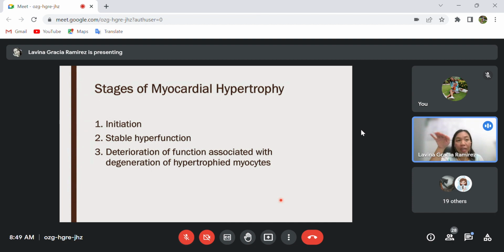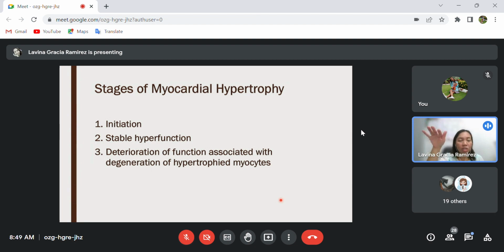Okay, hanggang dun na lang siya. Okay, hanggang dun na lang yung kaya. That beyond that limit, then it will deteriorate. Okay, so initiation, the requirement for the initiation is syempre time, nutrition, yun sabi ko kanina.